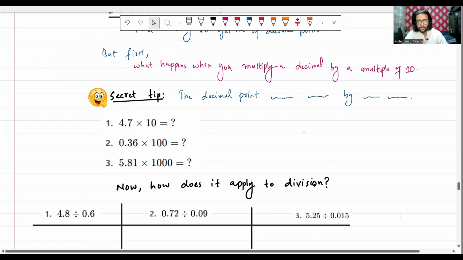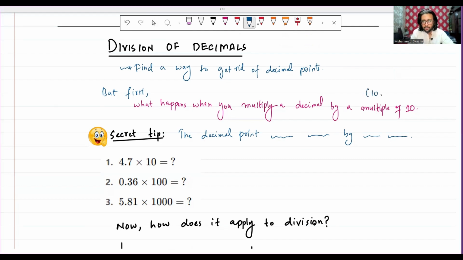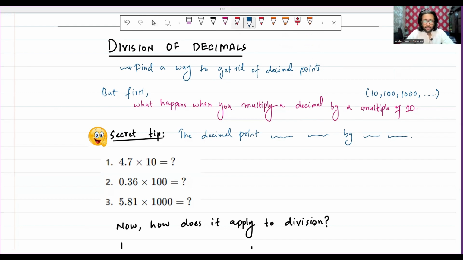A multiple of 10 could be 10, 100, 1,000, and so on. I hope you understand the concept from multiples and factors. If you multiply any decimal by a factor of 10, it's really simple.